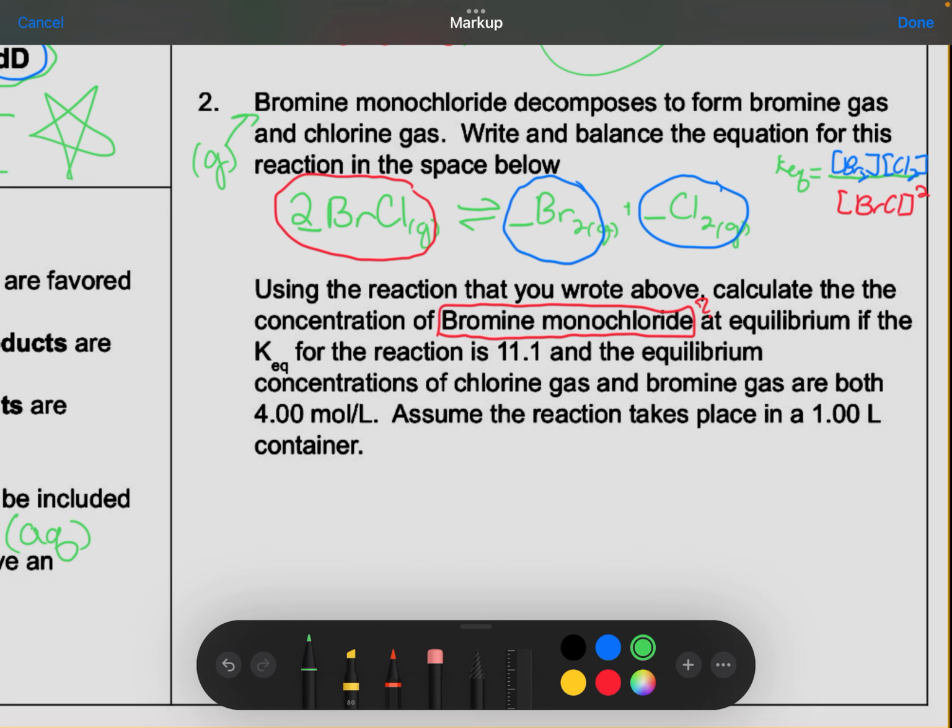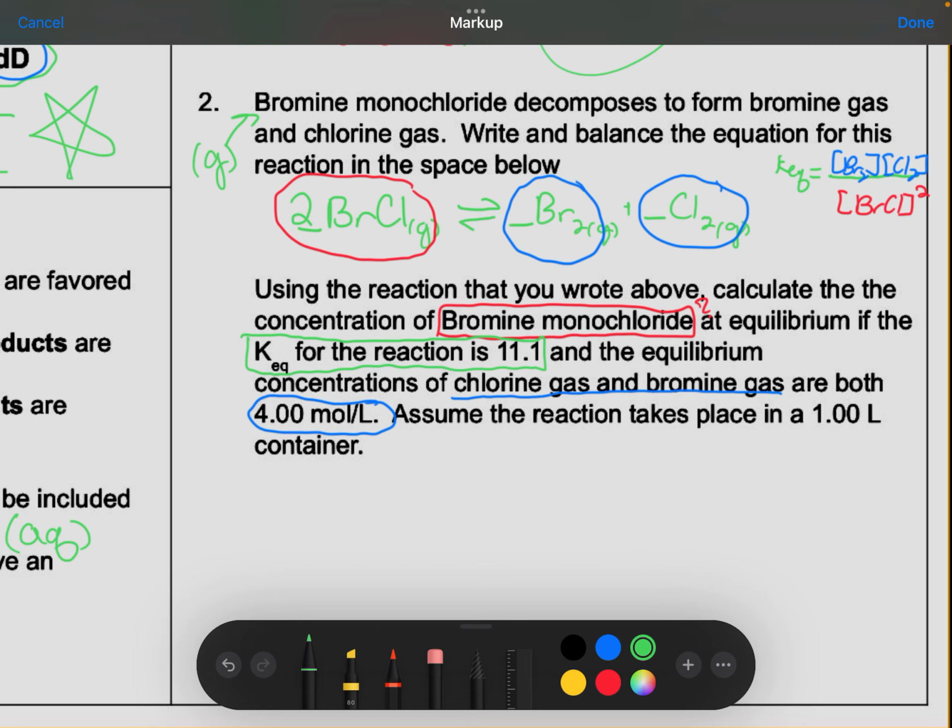We are, however, told that the KEQ value is 11.1. Right? So we're told that bit of information. And we are told the concentrations of both products. So chlorine and bromine gas have this concentration, and it is expressed in moles per liter. So I have all the pieces and parts I need to solve this problem.